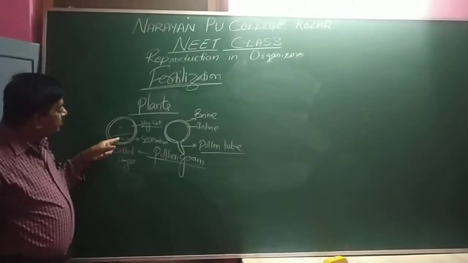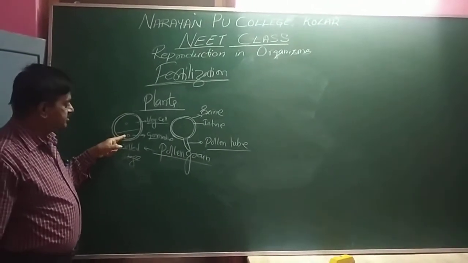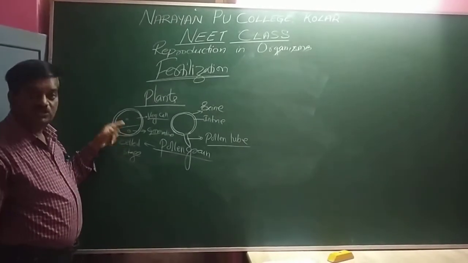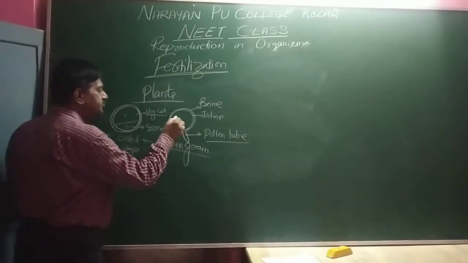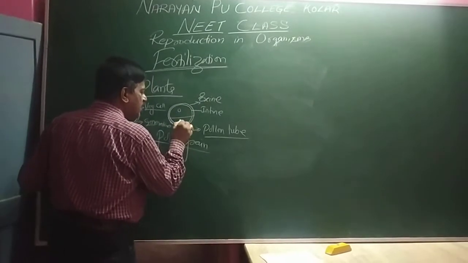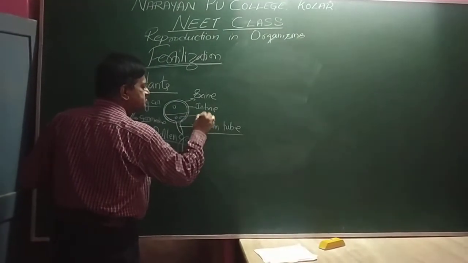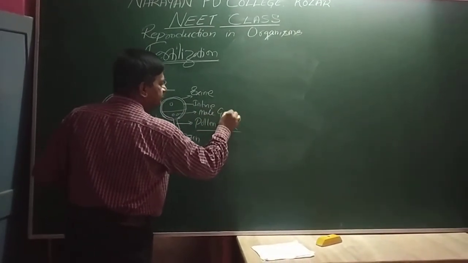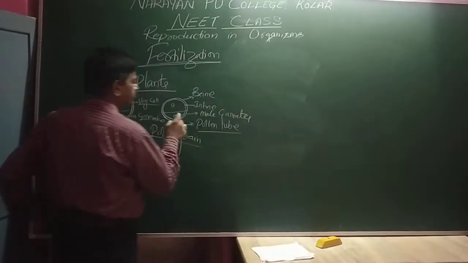When the generative cell nucleus divides, it gives rise to two male gametes.